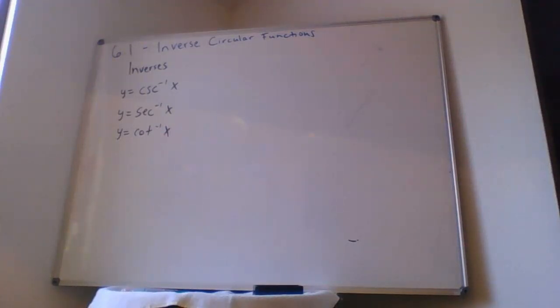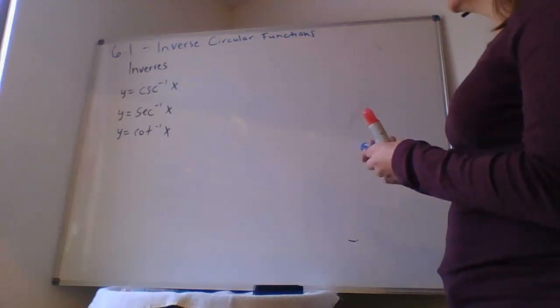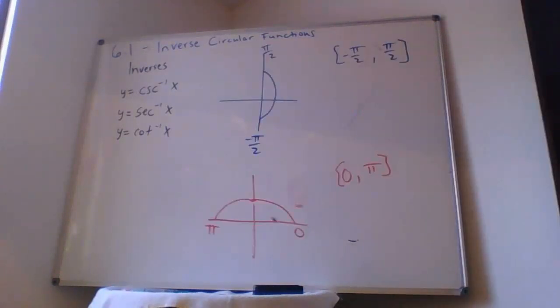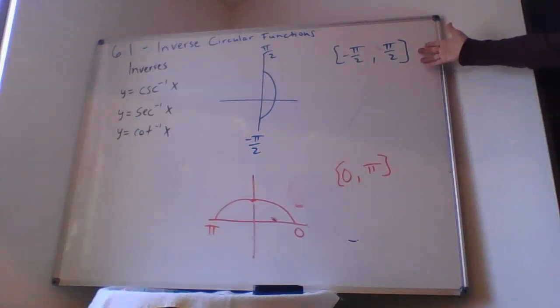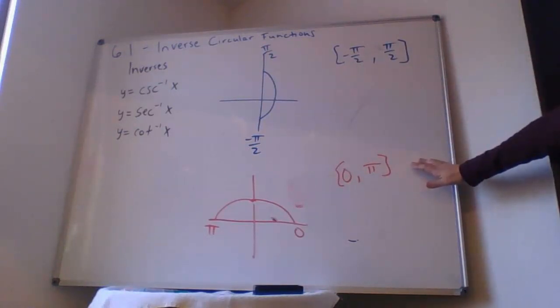What is very important to know about all 6 of the inverse functions is what are the ranges? What are the possible values you can get from these inverse functions? And they fall into 2 categories. The 2 possible ranges for all of our inverse functions are either going to be negative pi over 2 to pi over 2 or 0 to pi.